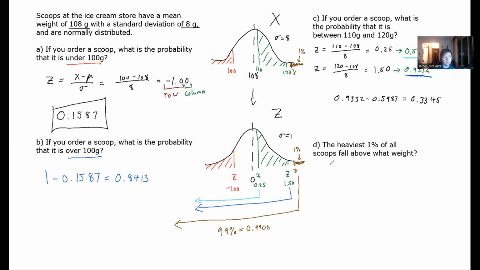We're going to do 1 minus 0.01 equals 0.99. And when we're working backwards, we always go to 4 decimal places because that's what the table's got. When we're doing our forwards questions, we use 2 decimal places. When we're working backwards, we use 4. So now the trick is we have to figure out on the table, what is the z-score that would give us this answer?